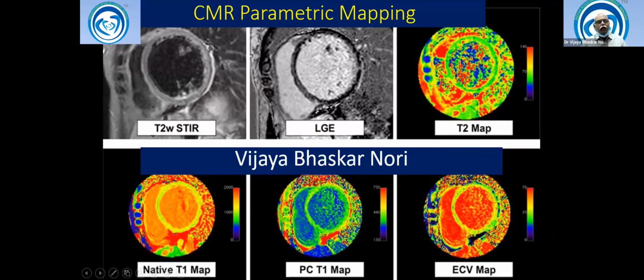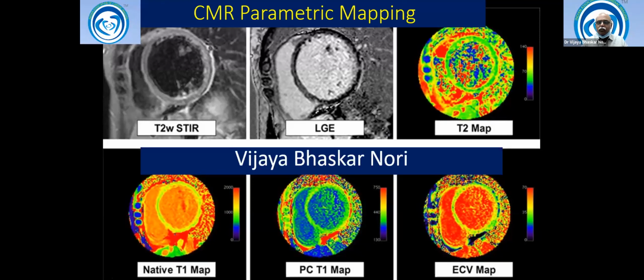And what is not seen on the cine image or LGE image, you can see on parametric mapping. Number one, parametric mapping helps us show the pathology in a color pixelated presentation. These color maps themselves are the demonstration of pathology and or normalcy, let's put it otherwise.